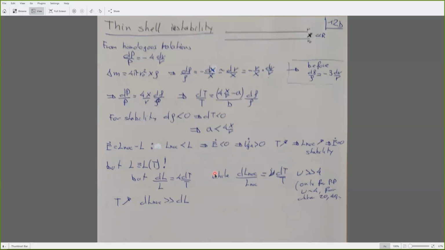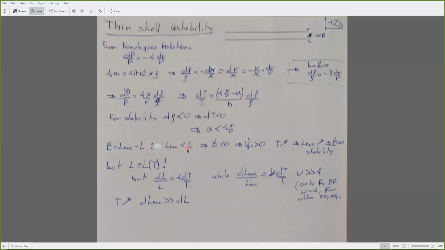That means that even if the increase of temperature will increase the nuclear luminosity and also, a little, the luminosity, the increase of the nuclear luminosity will be definitely bigger than the luminosity.